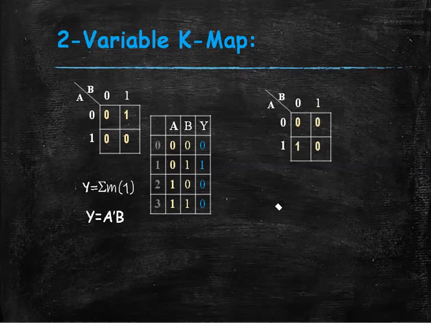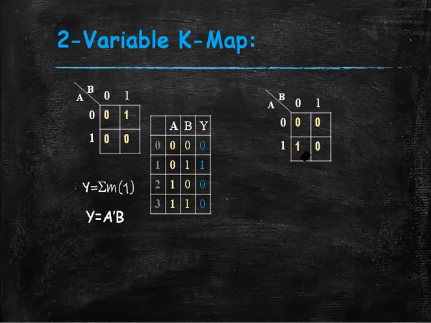And another K-map, 2 variable K-map, and here look at the position. It is A is 1 and B is 0. Then it is in the position AB bar, or in decimal it is in the position of 2.